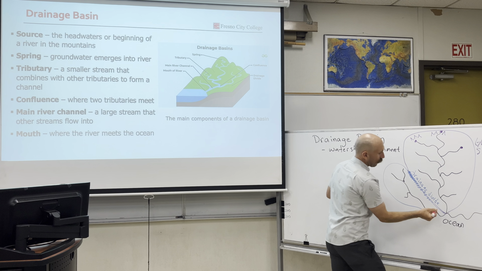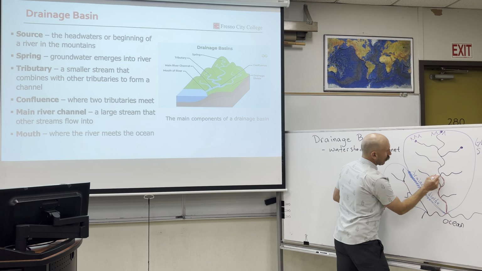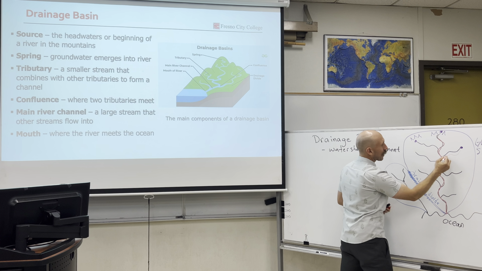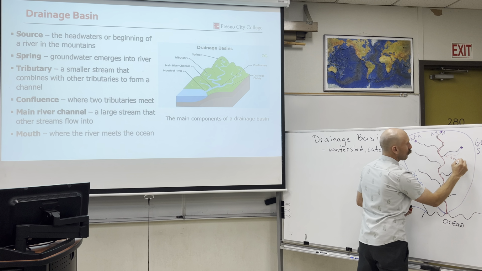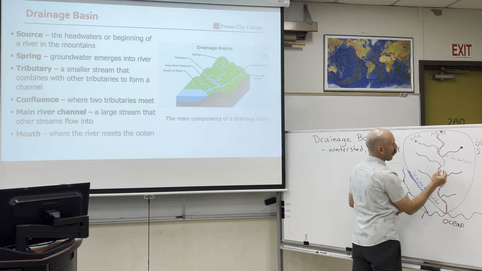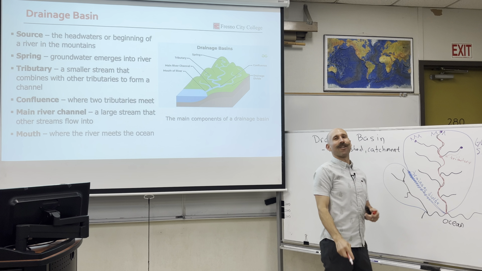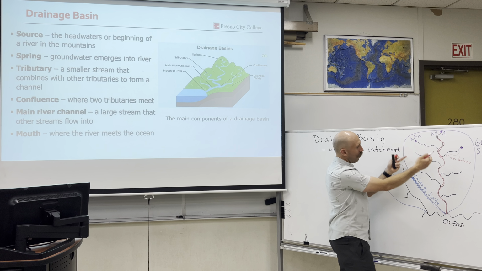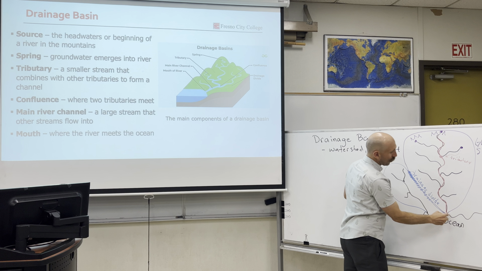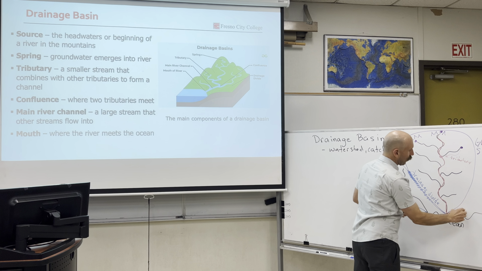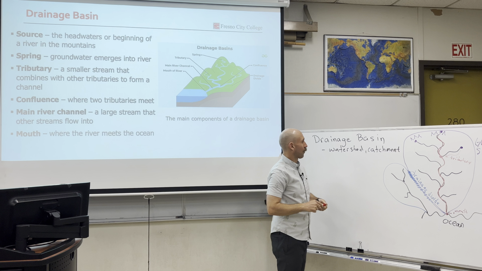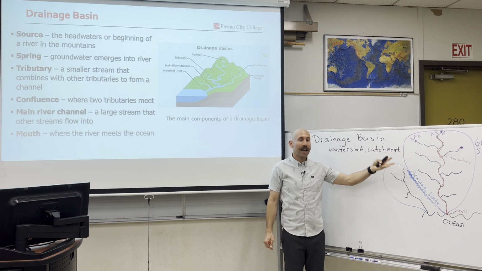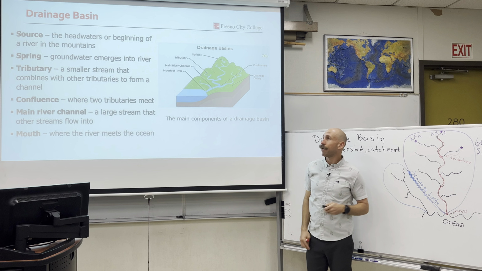So if, from our model earlier, this river in the middle is our main channel, all of the streams that connect are called tributaries, and where they meet is a confluence. The bottom portion, or where all of the watershed drains to, is known as the mouth of the drainage basin. So we've got the watershed, the basic landscape unit, and its varying components that make it up.